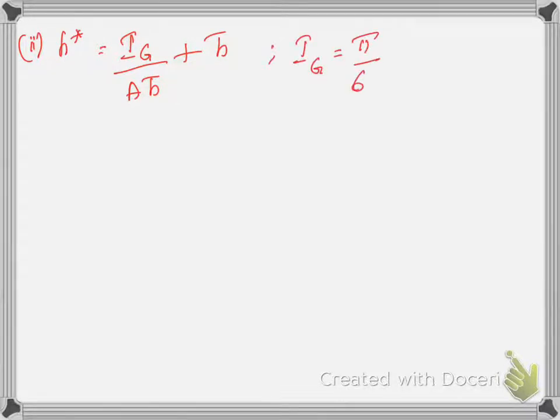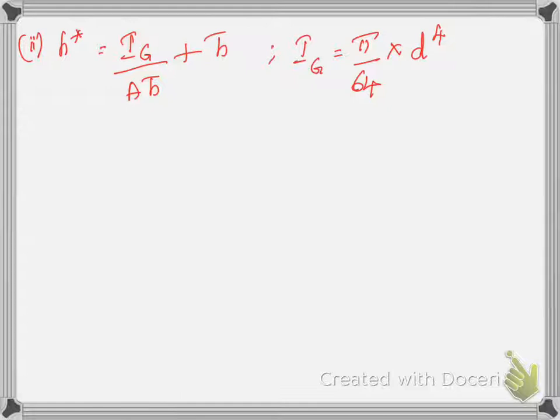And next they have asked to determine the position of center of pressure. That is the second one. That is h star, which is nothing but Ig by A h bar plus h bar. Already we have calculated our h bar, and the only thing we have to calculate is our Ig. Ig is nothing but pi by 64 into d power 4.